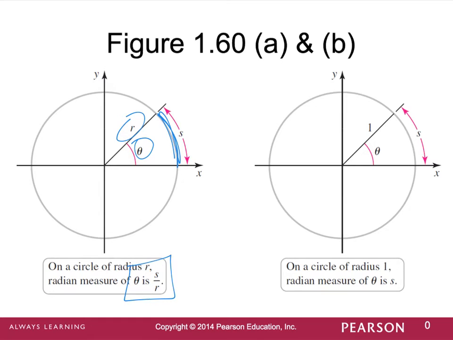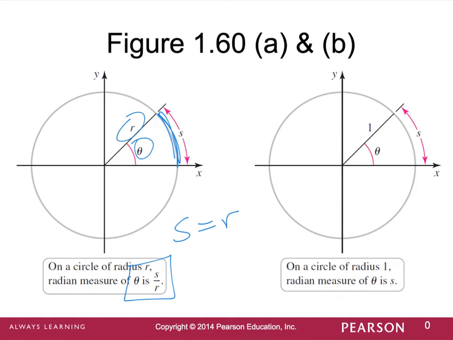However, a radian is significant in that 1 radian is when the arc length s is equal to the radius. So a radian is the angle at which the arc length of the circle is equal to its radius.